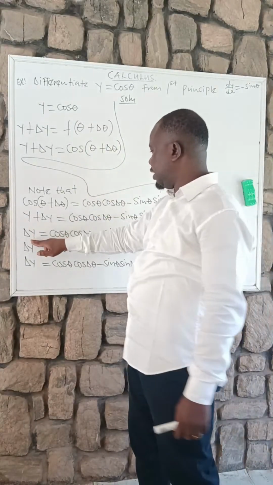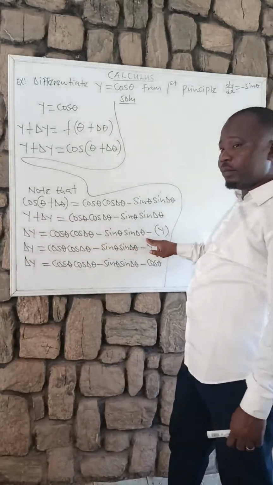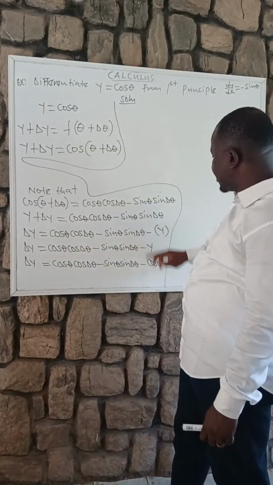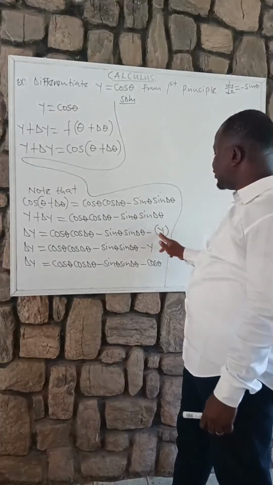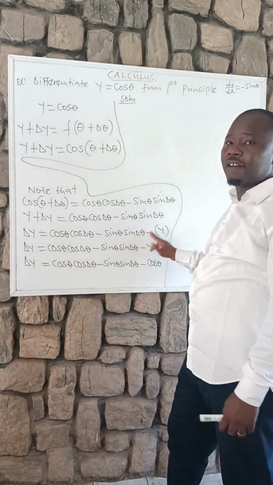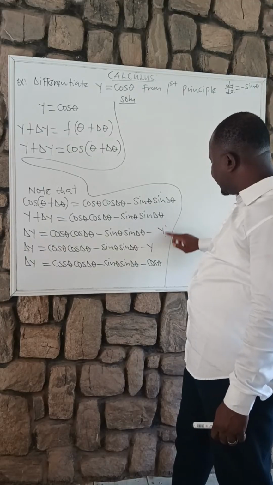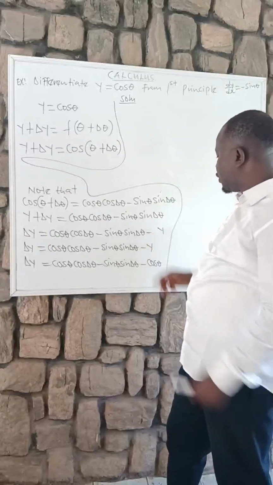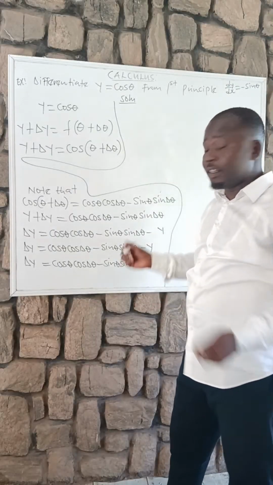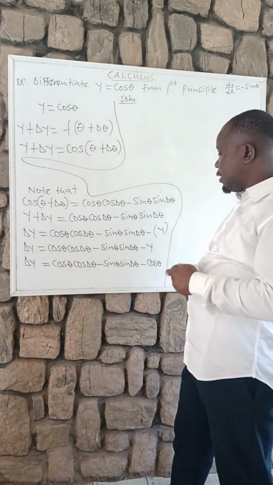Then at this point, you subtract y from both sides. When you subtract y from both sides, you leave it inside the bracket. Supposing y is linear, by the time you open the bracket, this negative sign must affect the bracket. But if you leave it like this, it will not affect what is first, and at the end of the day, you are going to arrive at the wrong answer.